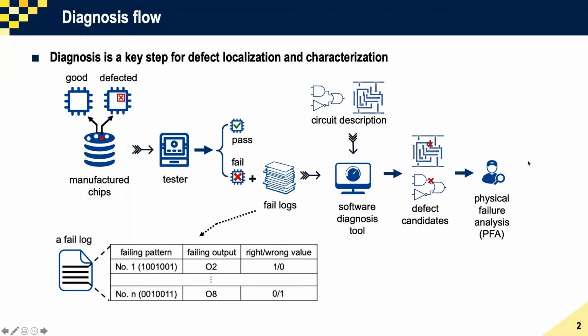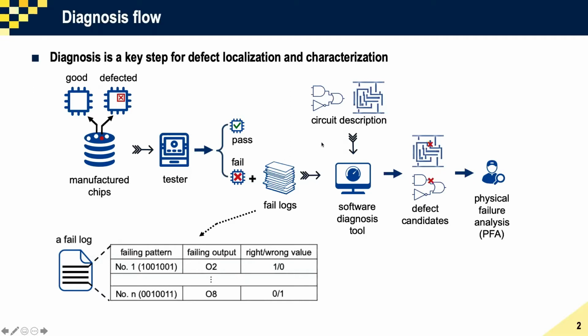This work mainly focuses on logic diagnosis, which is a key step in yield learning, with the aim to localize and characterize manufacturing defects. A typical flow starts with manufacturing tests. The chips with defects will fail the test with a fail log generated to record the failing responses of the chip.